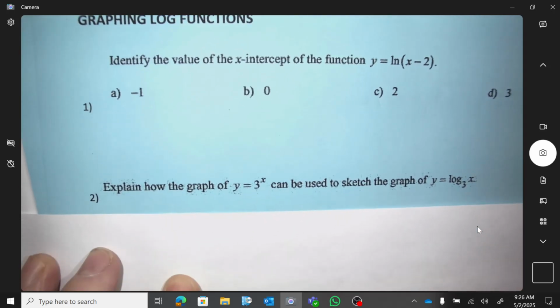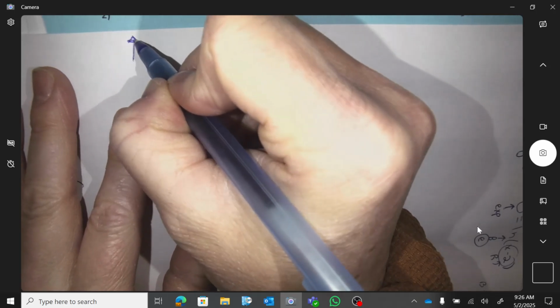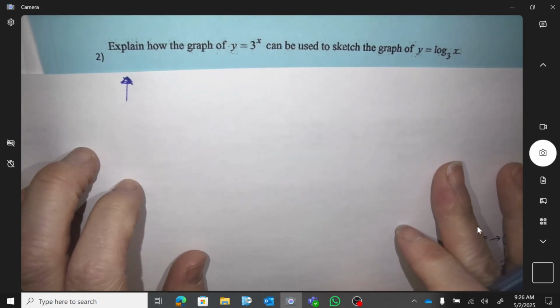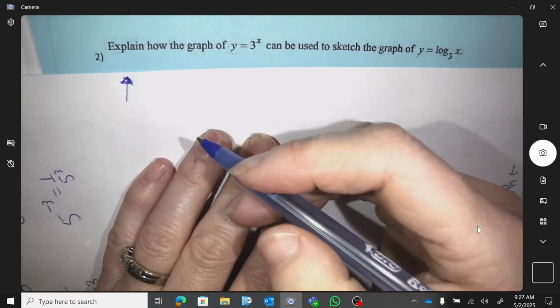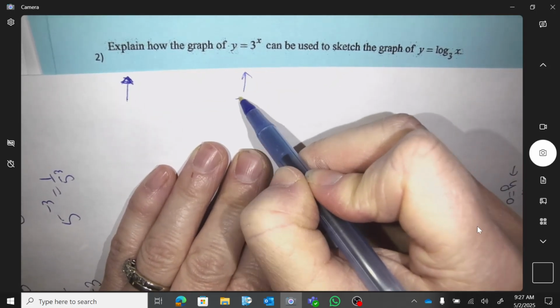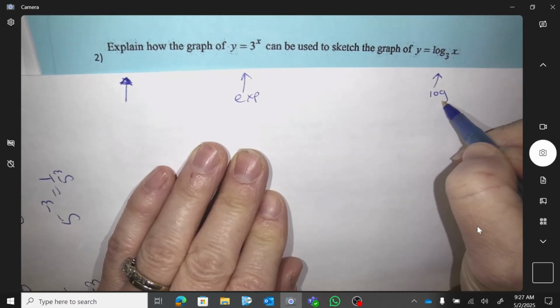Okay, question 2. What are you going to do on the exam as soon as you see the word explain on a question? You got to write words to me. So this is an exponential function. This is a log function.